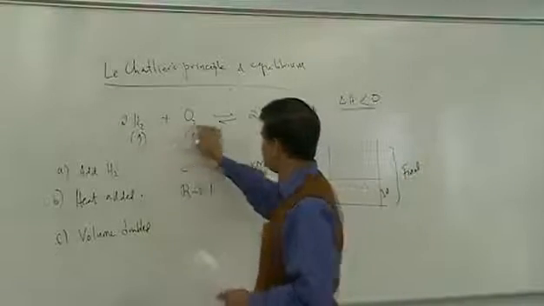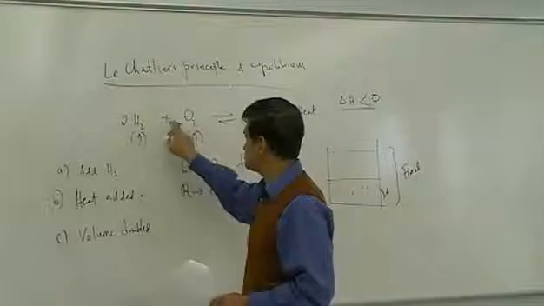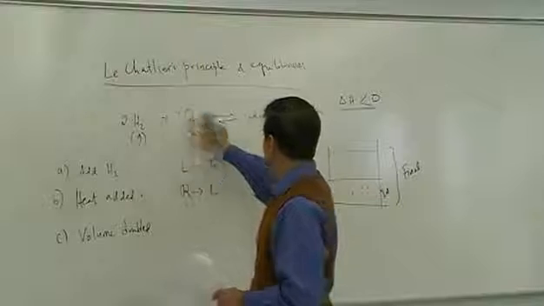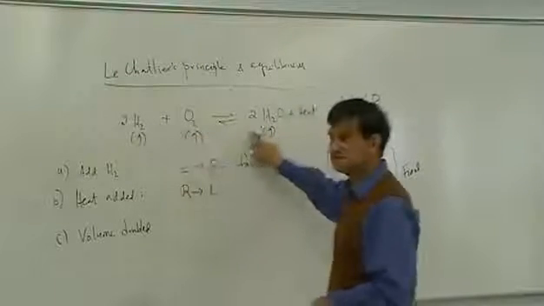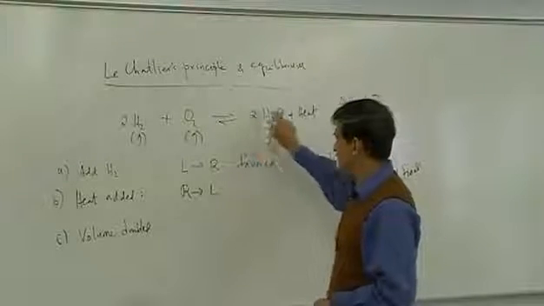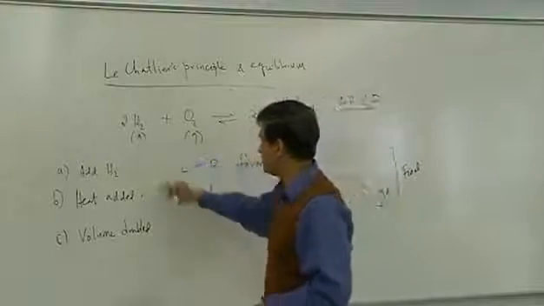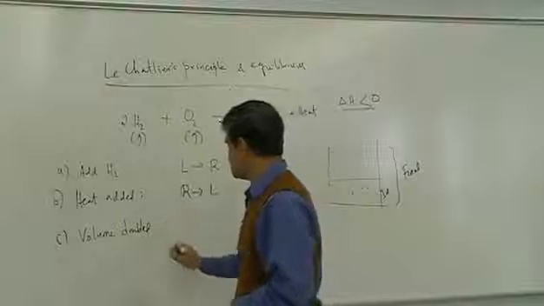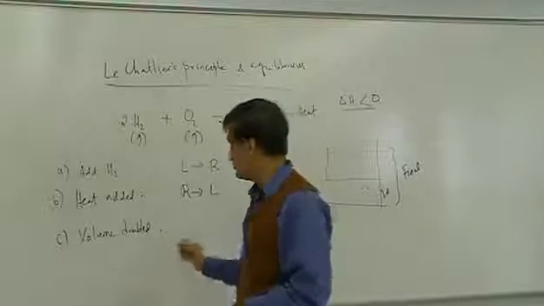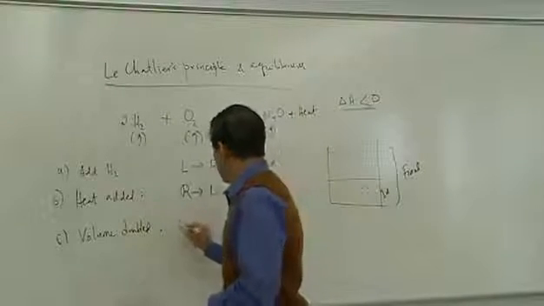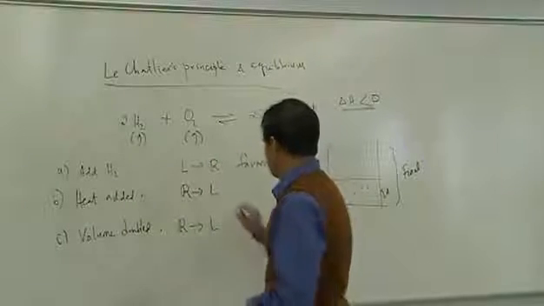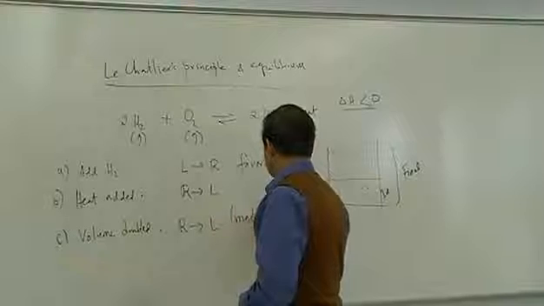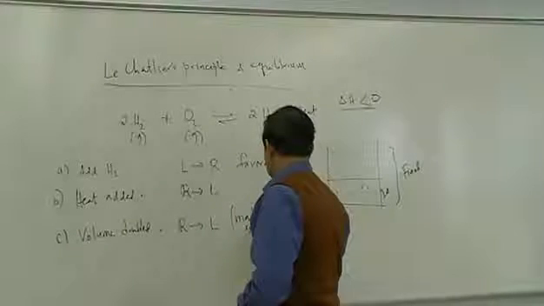If I go from left to the right, the left-hand side has 2 plus 1, 3 molecules. The right-hand side has 2 molecules. So going from left to the right, you're decreasing the number. But if I go from right to the left, I'm increasing the number. So when volume is doubled, you made extra room, and the reaction will be favored from right to the left-hand side. That way you make extra molecules.